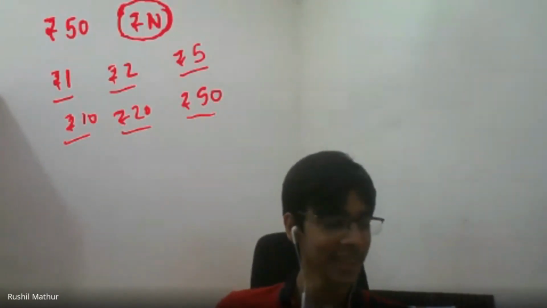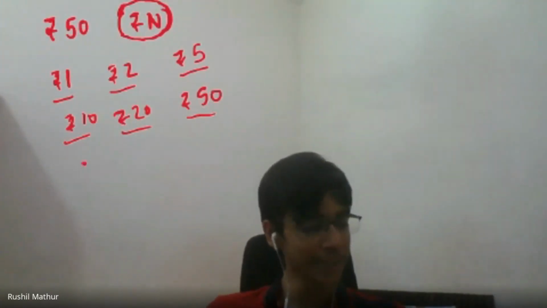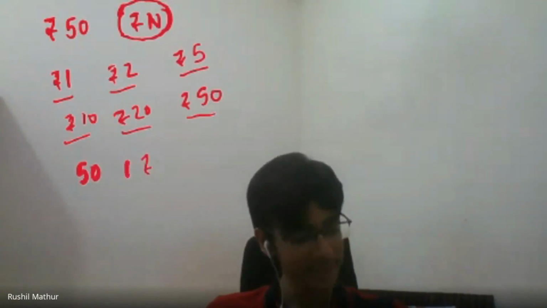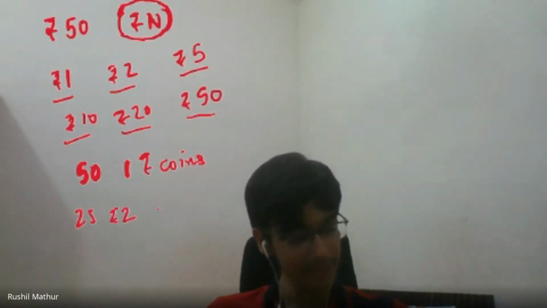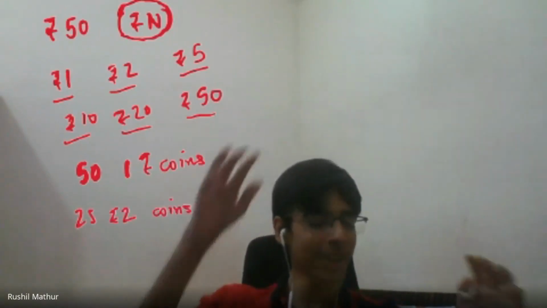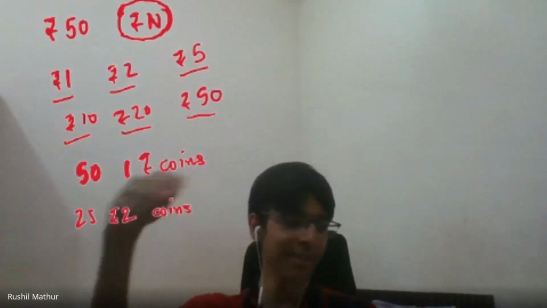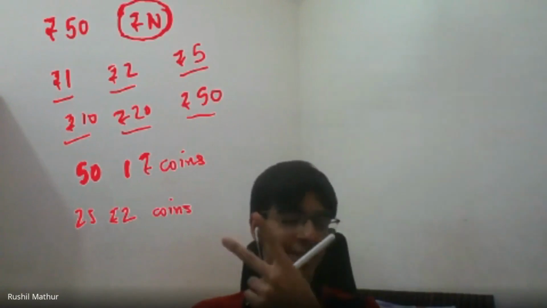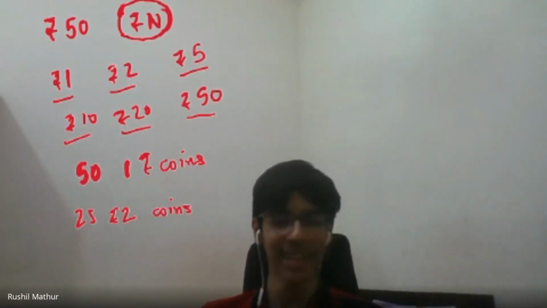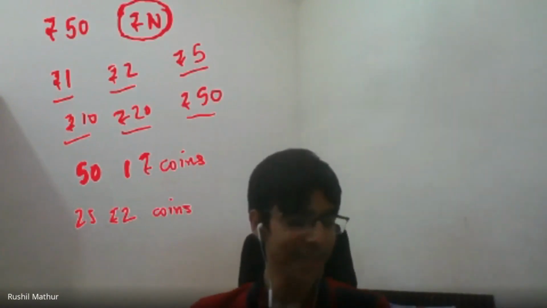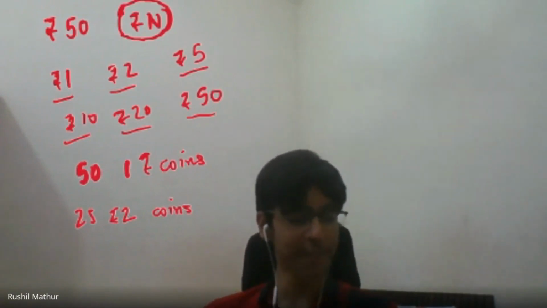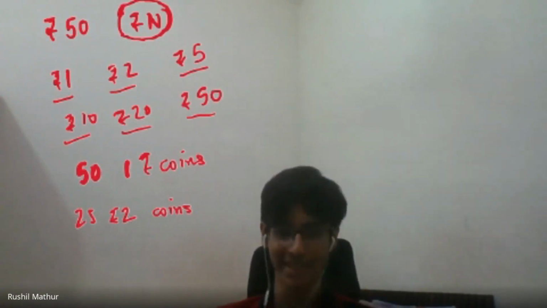Like, I can give him 50 1 rupee coins, or 25 2 rupee coins, or 48 1 rupee coins and 1 2 rupee coin, or 40 1 rupee coins and then 2 5 rupee coins, something like that. I can do a lot of different things, but I want to find out the number of ways in which I can give him the money.